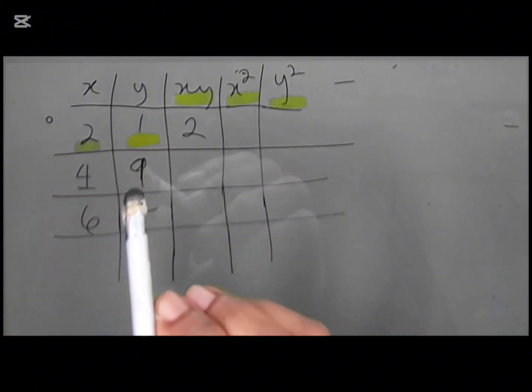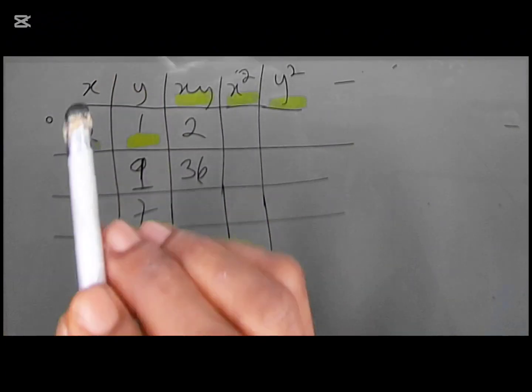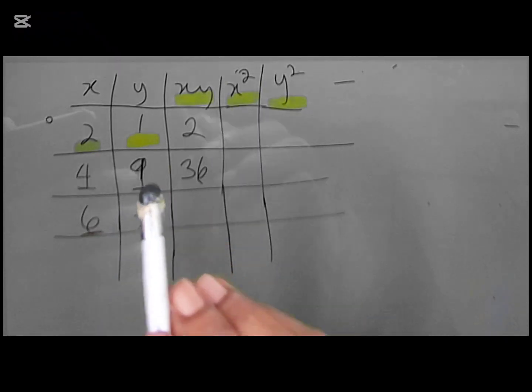That means this times this will give us xy, that will be 36. This times this, that is 6 times 7, will give us xy. Okay, when you punch your calculator, 6 times 7, we have that to be 42.